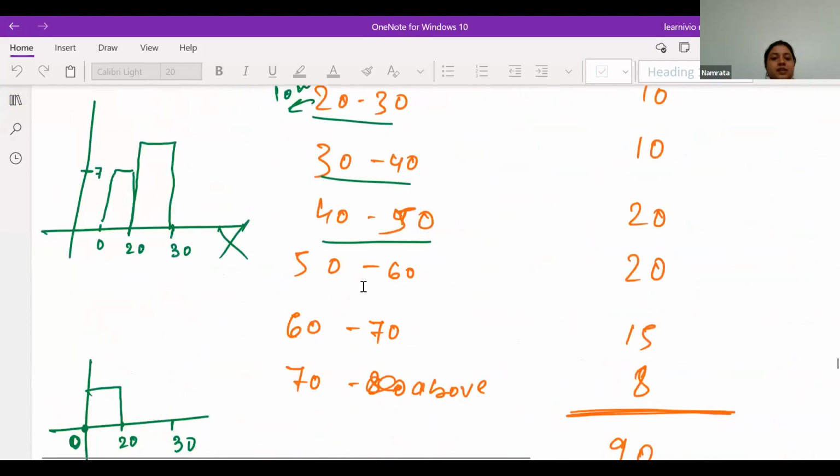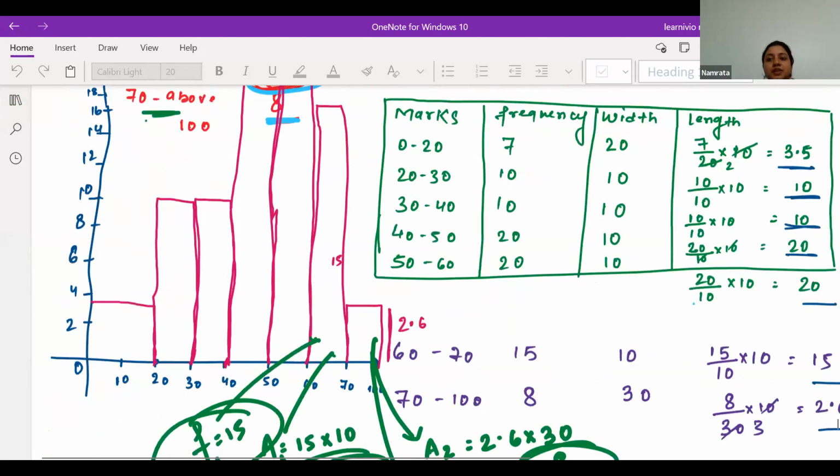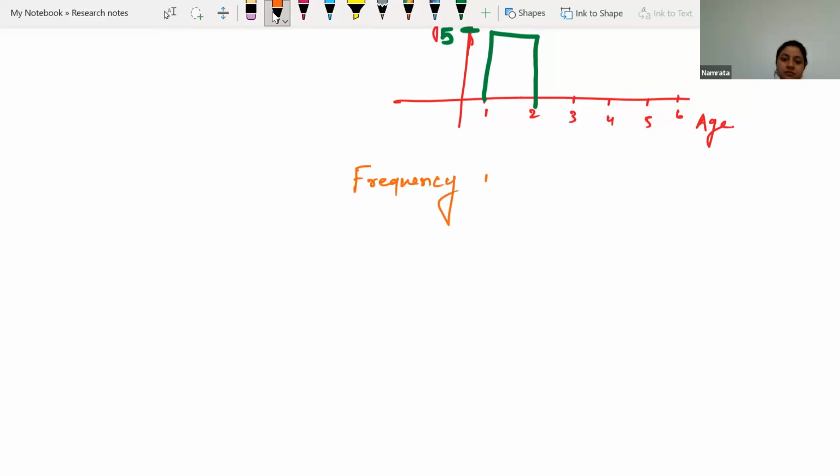So we have already discussed the concept of histogram. Today we'll be taking in detail the frequency polygon.